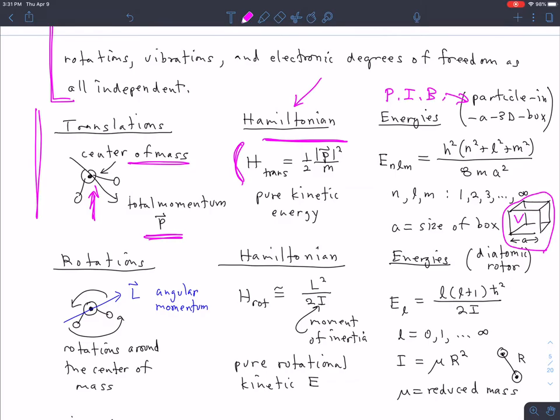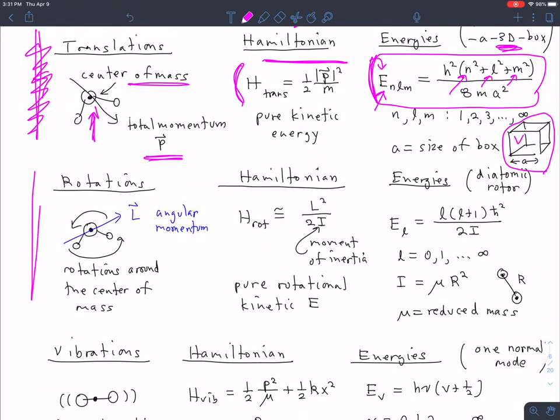We could solve that model, and it's already been solved, of course, so we could write down the energy for each and every particle-in-a-box quantum state for a three-dimensional particle in a box. Here would be the energy. All these numbers here are integers. They're quantum numbers, of course. So now we've got a whole bunch of quantum energies labeling quantum states for the translational degrees of freedom for our single molecule.